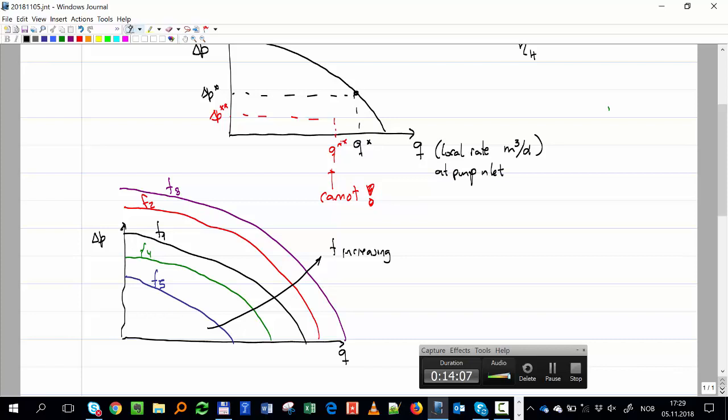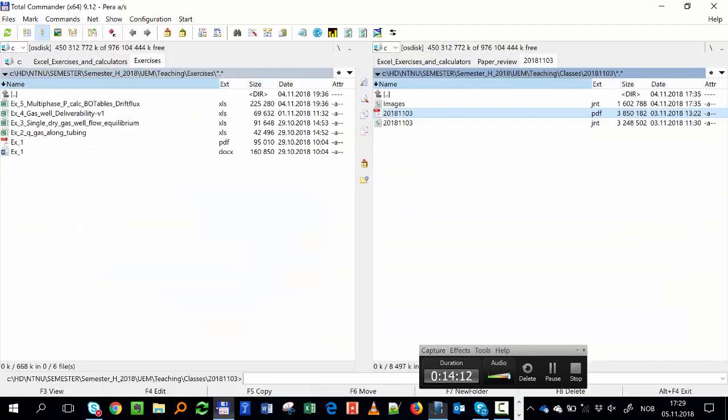Now, there are a few other things we have to take into account. Let me check, I think I had some images.